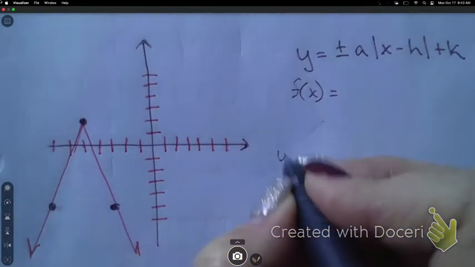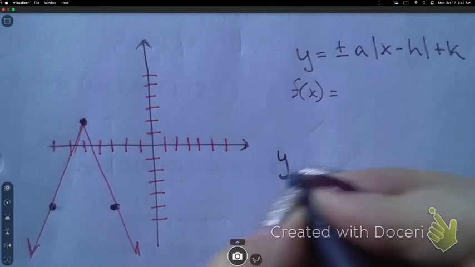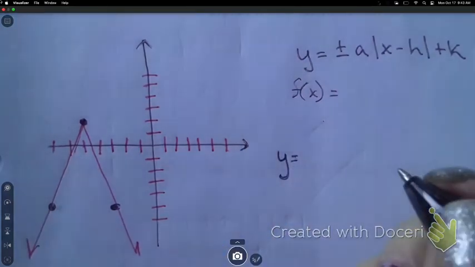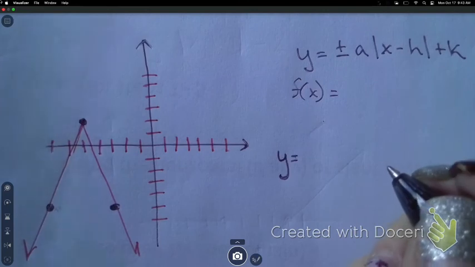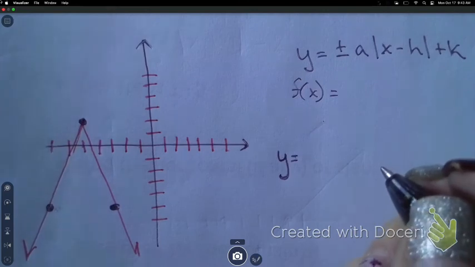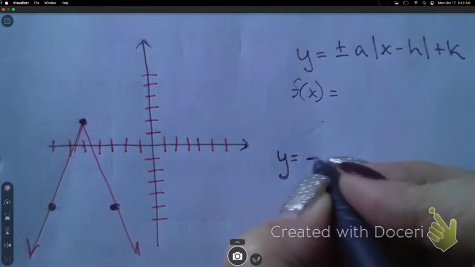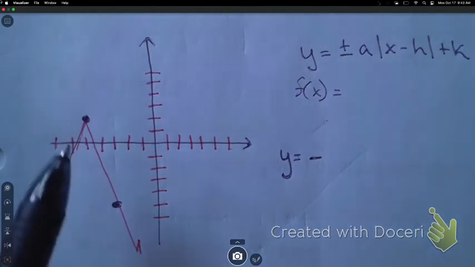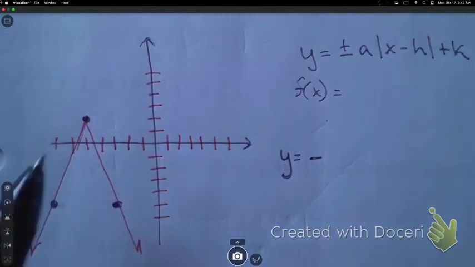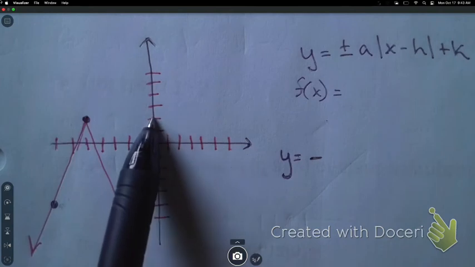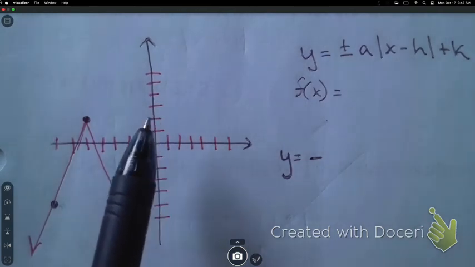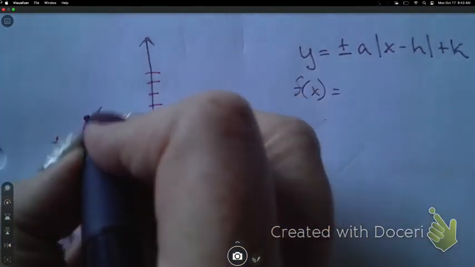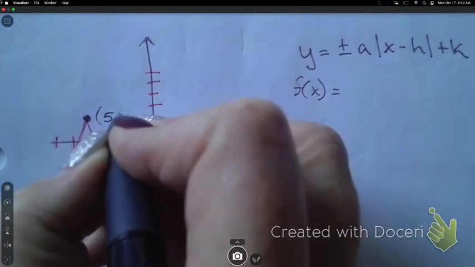Okay, Shayla, you want to throw this one out at us? See what you got. Positive or negative? Negative. Okay. And what am I going down and over every time? I just make squares. So she said 5, 2 is her vertex.